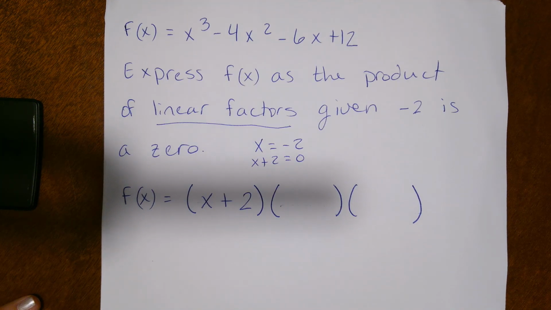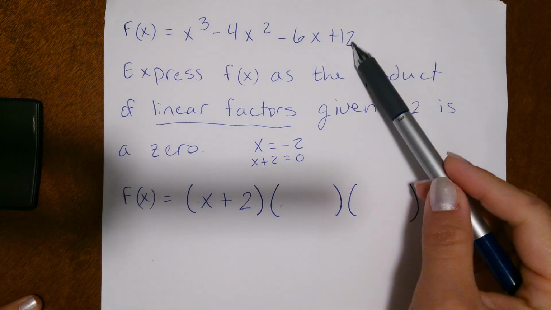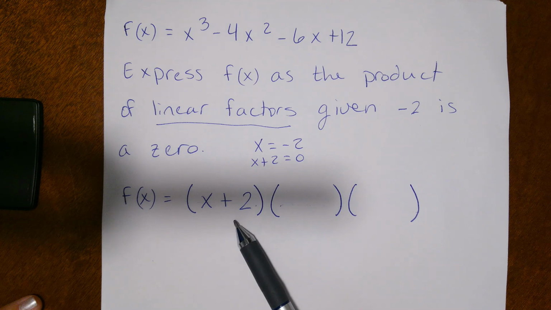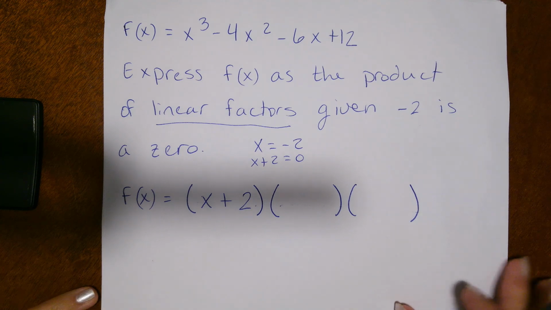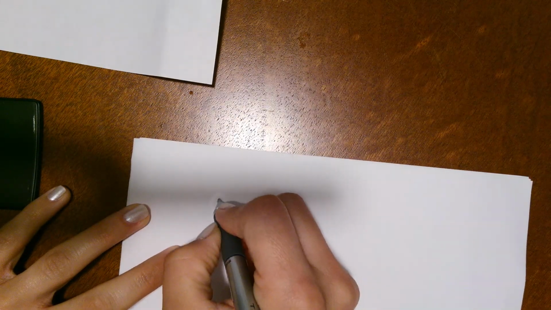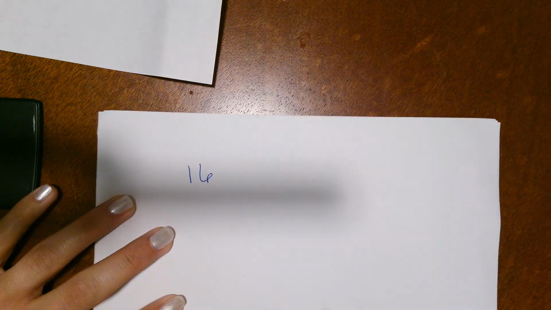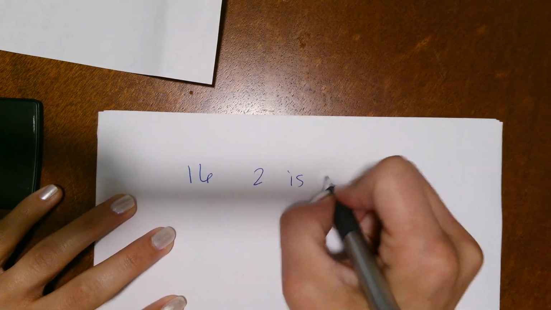Well, since I know that x plus 2 is a factor, then if I divide this polynomial by x plus 2, it'll give me whatever's remaining from the polynomial. Just like, let me do a side note real quick. Let's say I have the number 16, and I know that 2 is a factor.